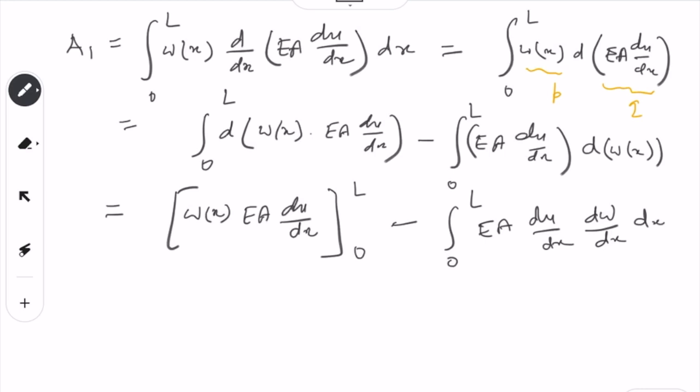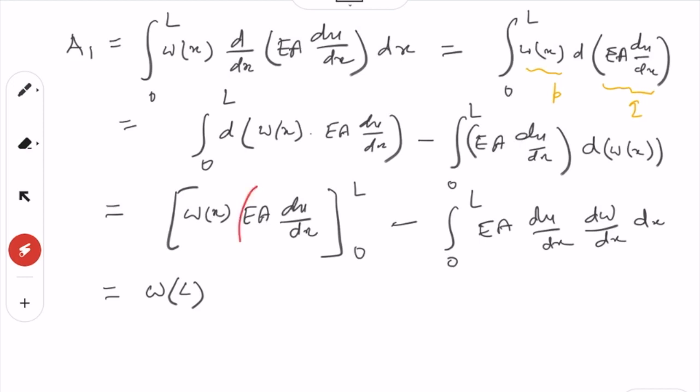Or we can write here equal to, here you can see that we can write like this: WL, and then we have EA du over dx.